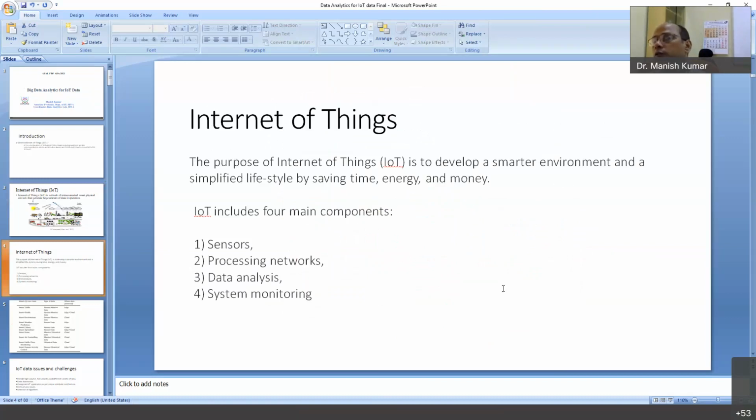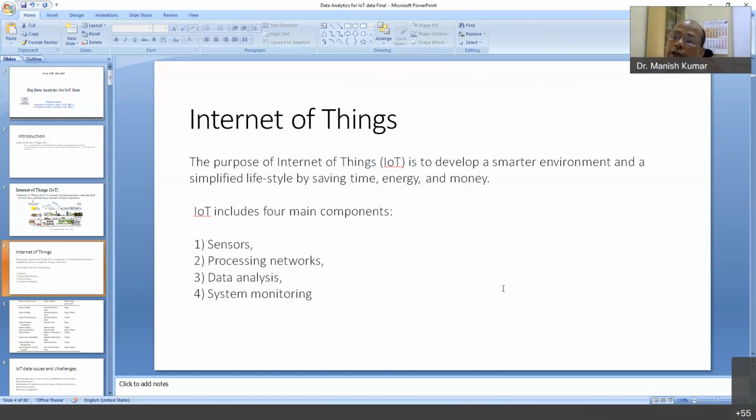So what is the purpose of IoT? The purpose of IoT is to develop a smarter environment. That means the environment was already in place, and you just want to introduce some smartness in the environment in terms of data analysis, pattern generation, decision making, and pattern based decisions. Also it is very important that you save time, energy, and cost of the environment.